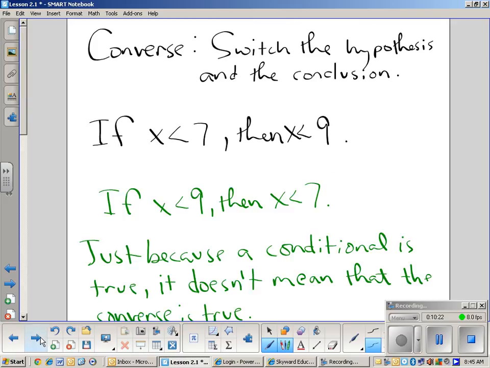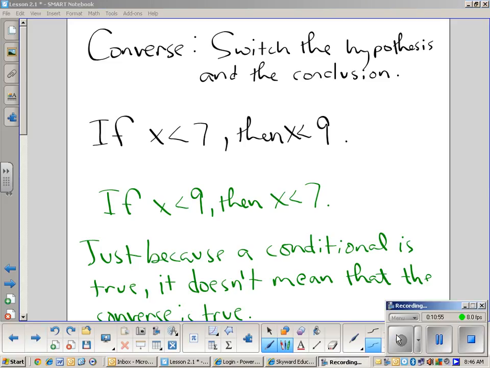Converse. To find the converse, you switch the hypothesis and the conclusion. We have an example here.